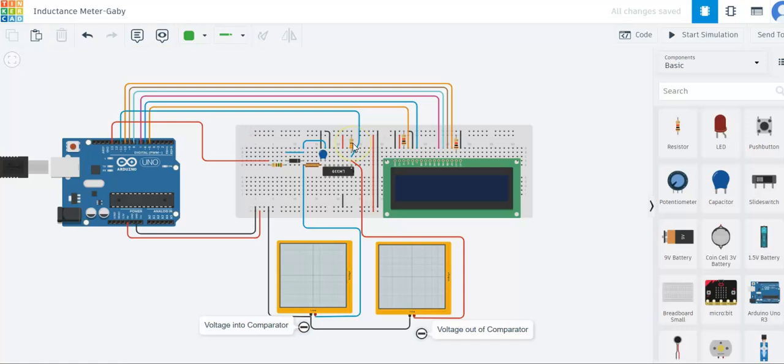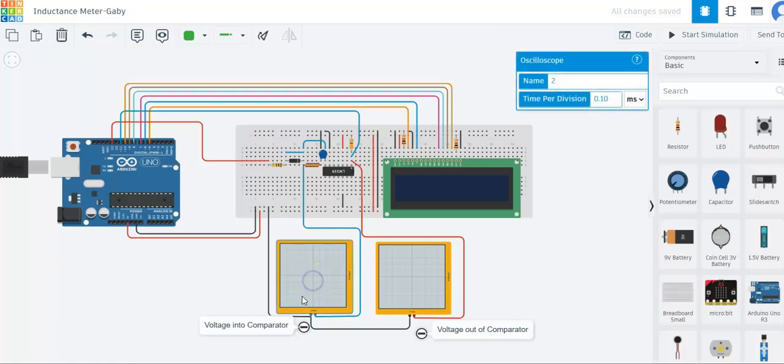From here, a 330 ohm resistor helps charge the output of the comparator chip to give faster and cleaner square waves. This first oscilloscope gives us the sine wave, and this one gives us the square wave from the comparator chip. This is from the LC circuit, which is the inductor and the capacitor.